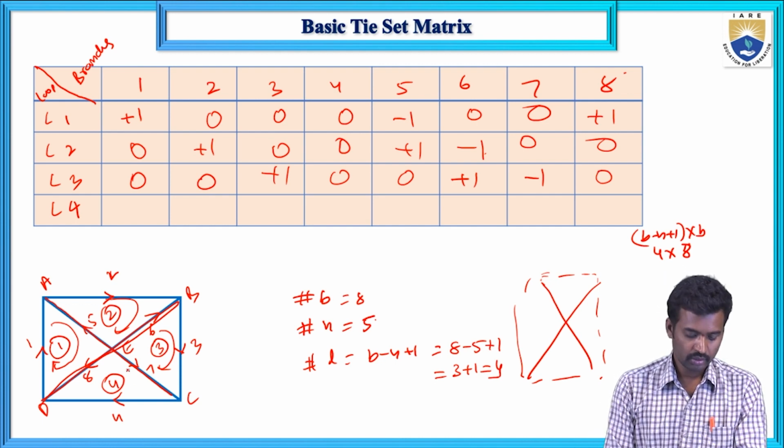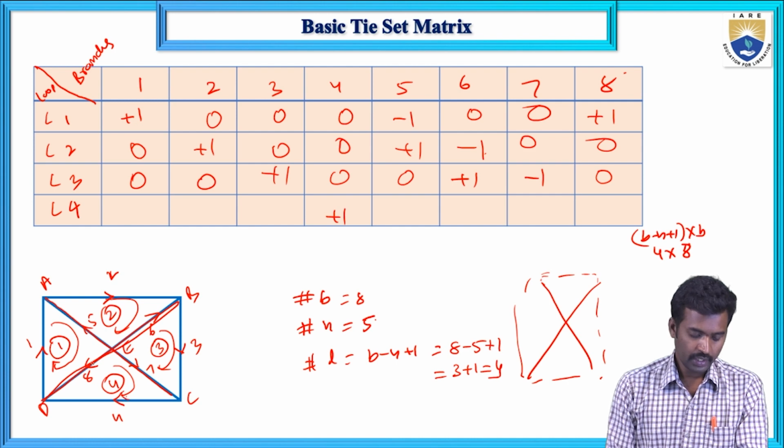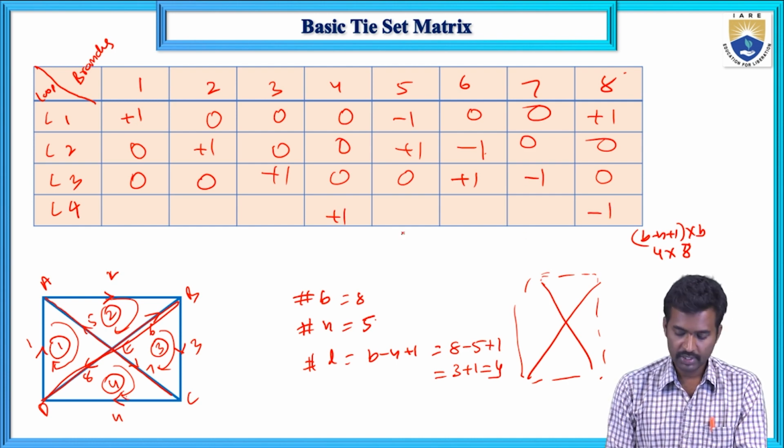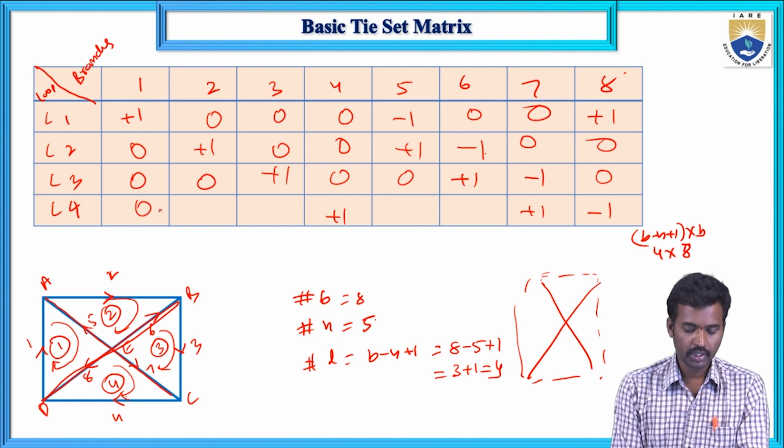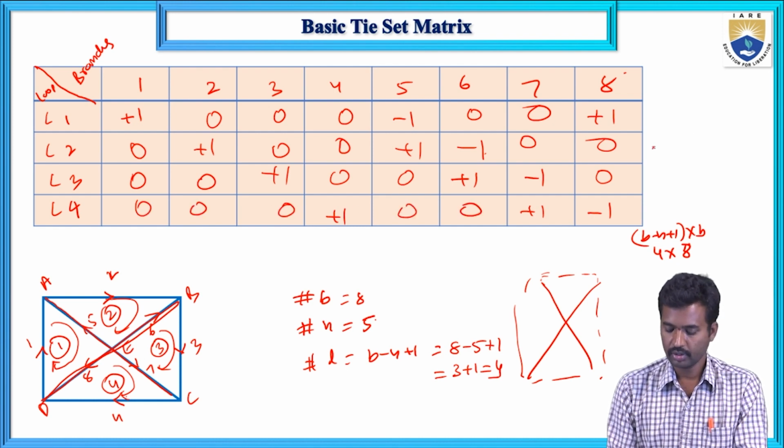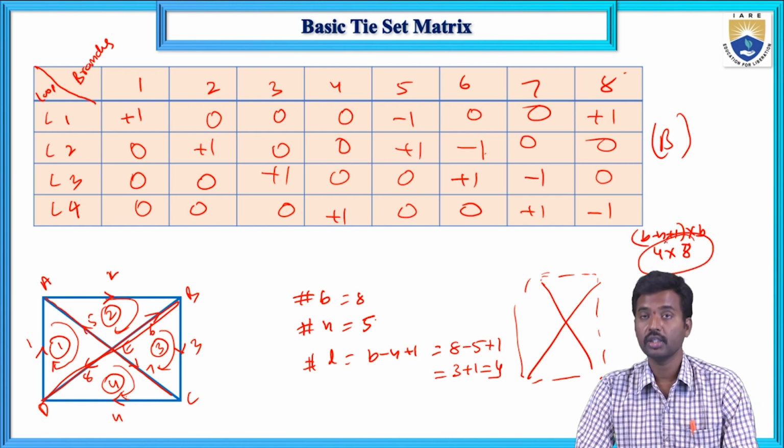And fourth is plus 1, and 8 is minus 1, and 7th is plus 1. Remaining elements are 0. This is the B matrix. This matrix size is 4 cross 8.